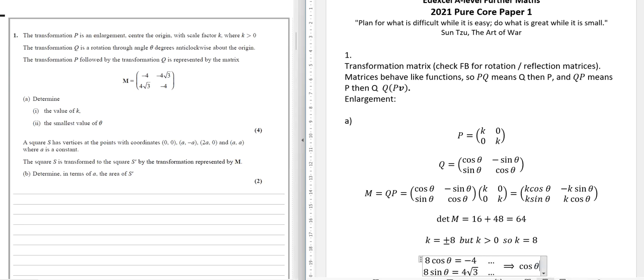Now I know that cos theta has to be minus a half and sine theta has to be root 3 over 2.